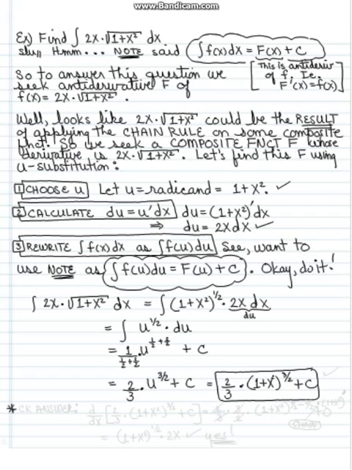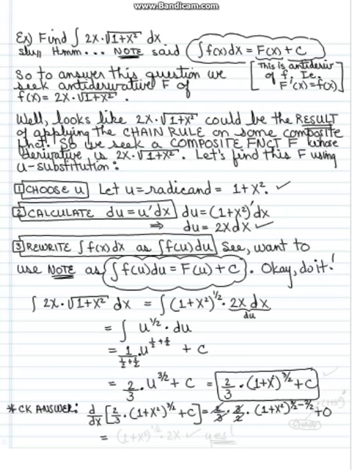Now I claim that is my answer, but I have a chance to check to make sure that it really is my answer. It has to be the antiderivative of the given integrand at the top of the page. Let's see if it is. Take the derivative of 2/3 times 1 plus x squared to the 3/2 plus c. That's 2/3 times the power 3/2 times 1 plus x squared to 1 less than 3/2.